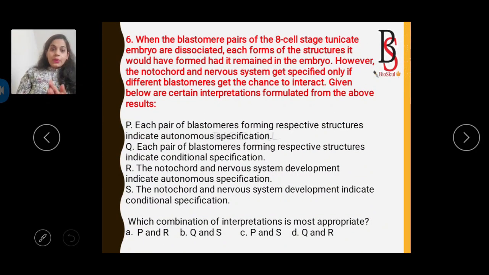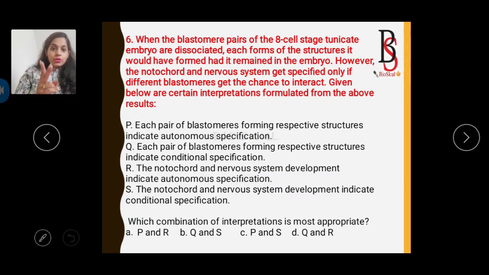Question number 6. When the blastomere pairs of 8 cell stage tunicate embryo are dissociated, each forms the structure it would have formed had it remained in the embryo. However, the notochord and nervous system get specified only if different blastomeres get the chance to interact. Given below are certain interpretations formulated from the above results.